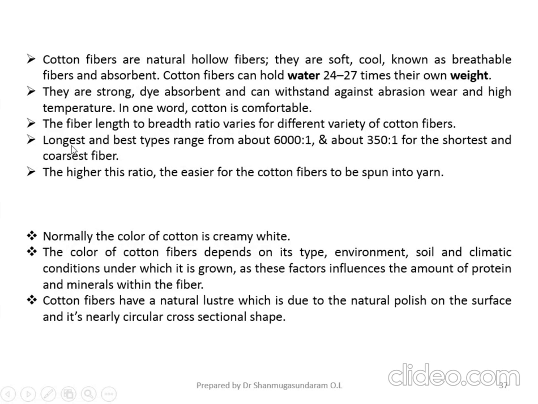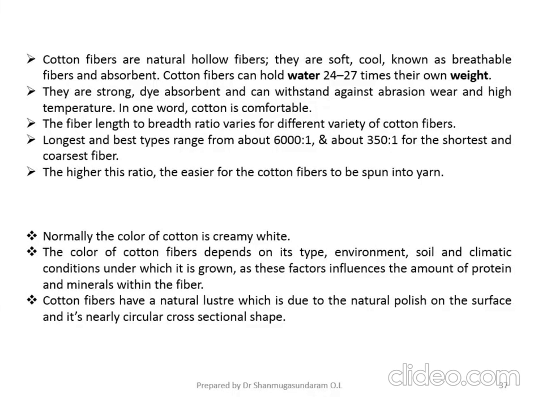But the longest and best type ranges up to about 6000 to 1. I told you at the beginning when you can call something a textile fiber. So the longest cotton fiber has a length to breadth ratio of 6000 to 1, and about 350 to 1 for the shortest fiber, which is the coarsest or coarser fiber.